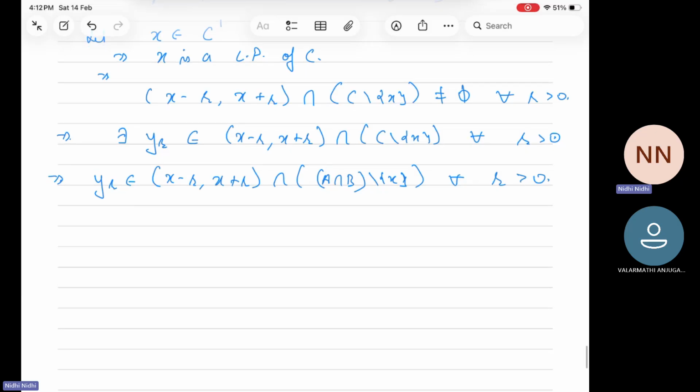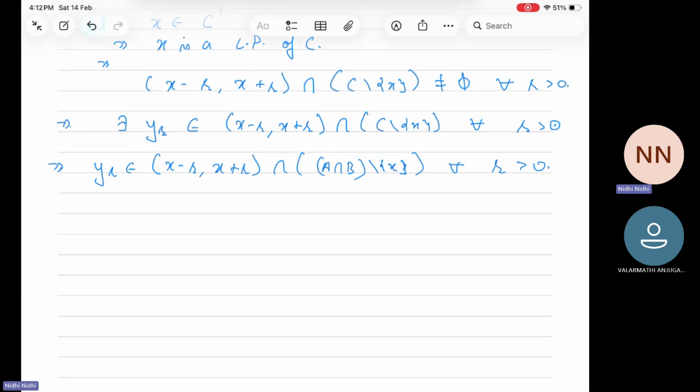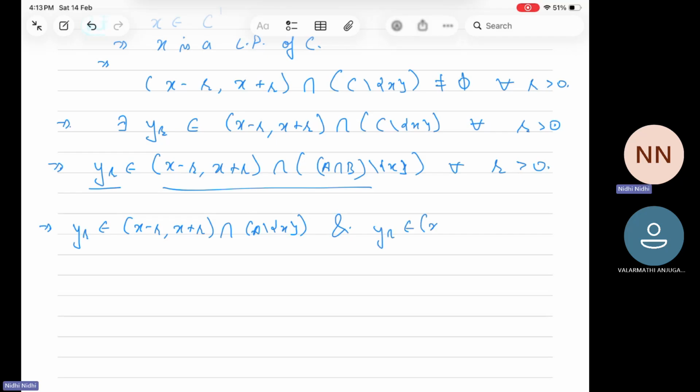Since y_r belongs to an intersection of sets, y_r belongs to (x minus r, x plus r) intersection A minus {x}, and y_r belongs to (x minus r, x plus r) intersection B minus {x}.